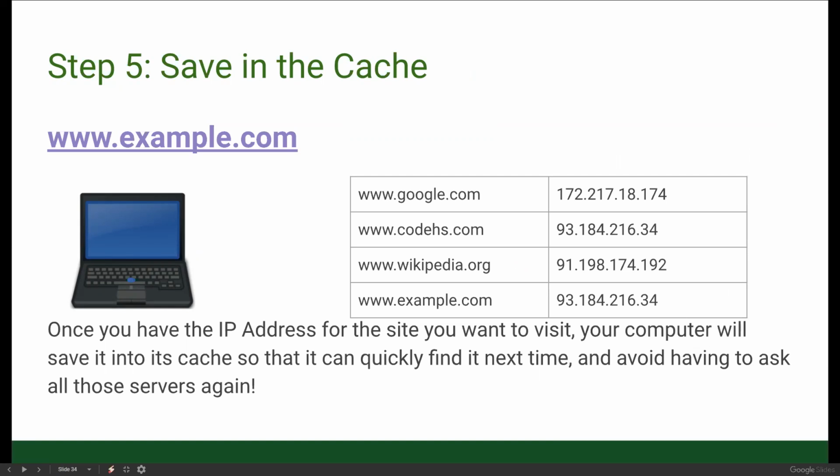Otherwise, we're going to have to ask every server again, can you tell me where com is? Can you tell me where example is? Can you tell me where www is? And while that is a fast process, the internet is, once again, very, very quick. It's even faster if we don't have to go through that whole thing. So we're going to save that information into our cache.